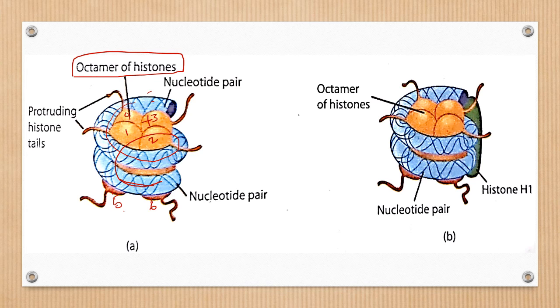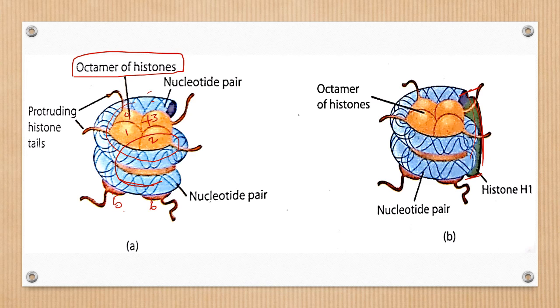These wrapped DNA segments are tied with another link of DNA: this end and this end of the DNA are joined by a linker DNA.